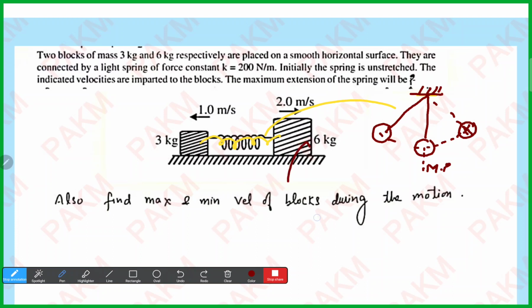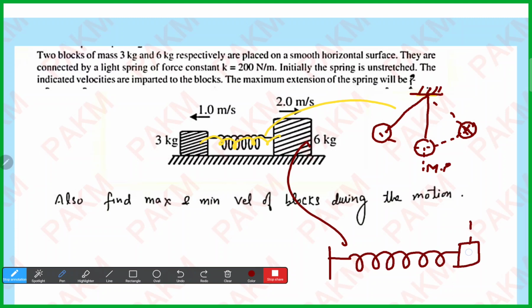In the same way, in a spring-block system, let's say this is the unstressed situation, and once we push, the spring compresses by some distance x, and then it returns back to the mean position and goes away to the same x extension.